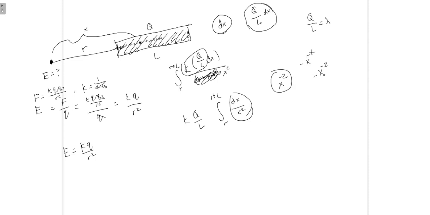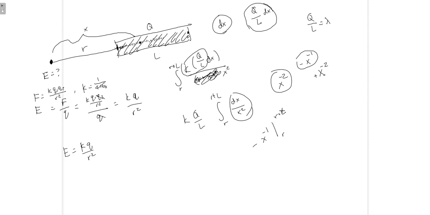So now if we differentiate this, that'll be positive x to the negative 2. So the integral of this is this, and then we're going to compute this from r to r plus L.